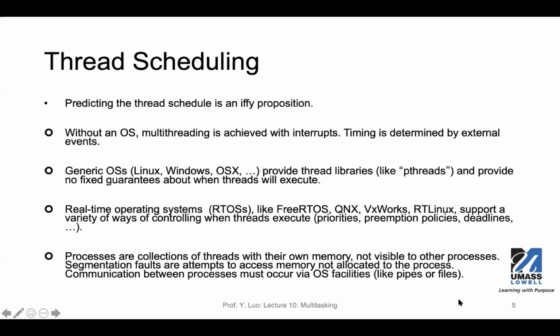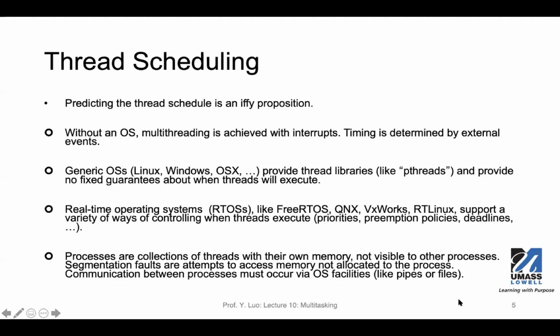Processes are a bigger concept. Processes are collections of threads with their own memory, but not visible to other processes. So a process can have multiple threads, and all the threads are within the scope of this single process. And these threads will be able to share the variables within this process. But a process is isolated from another process.